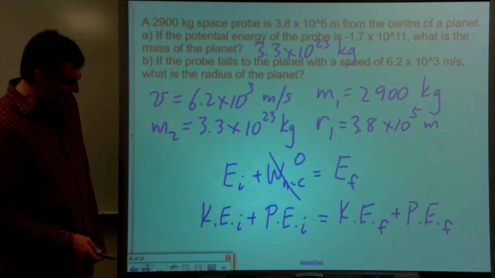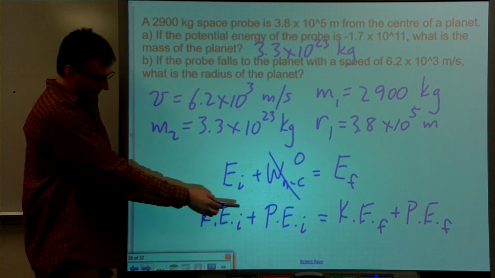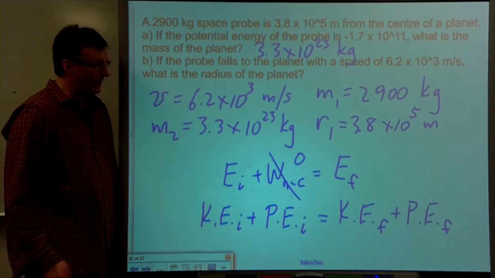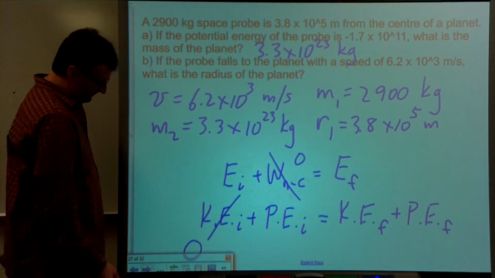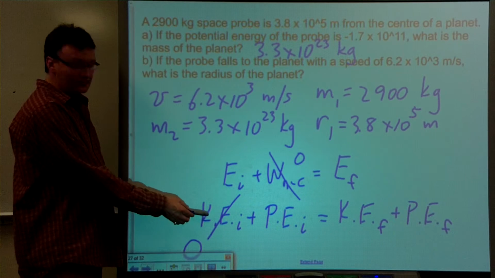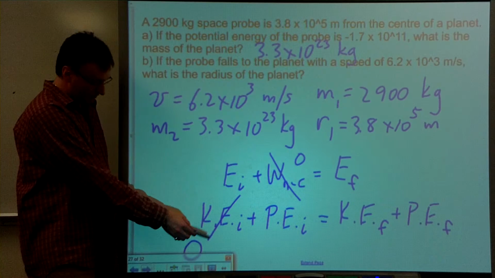And again, if we expand our equation, the initial kinetic energy plus the initial potential energy has to equal the final kinetic energy plus the final potential energy. But we can simplify that a little bit too, because we said the probe was at rest initially, so the initial kinetic energy is going to be 0.